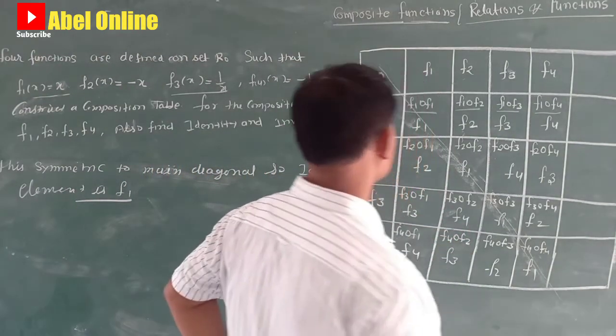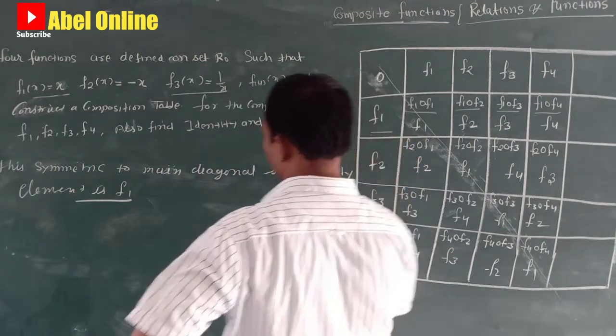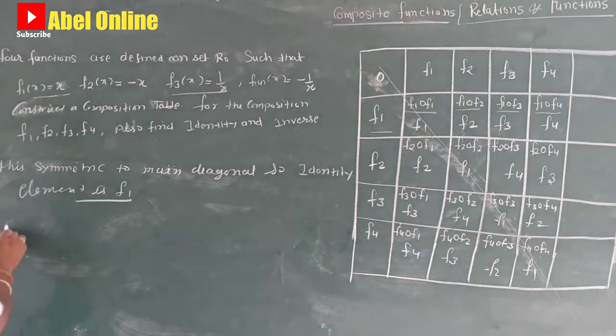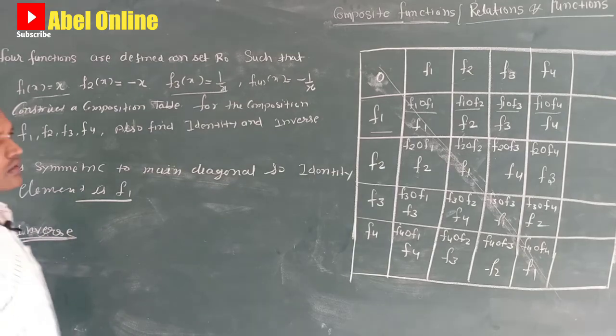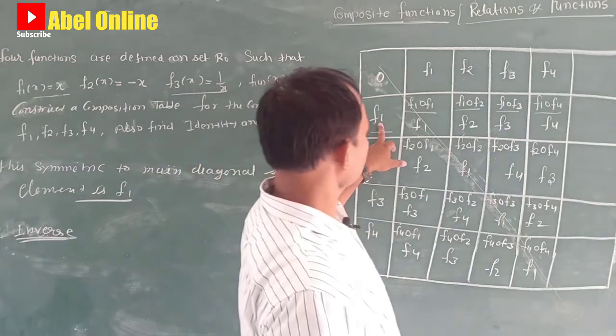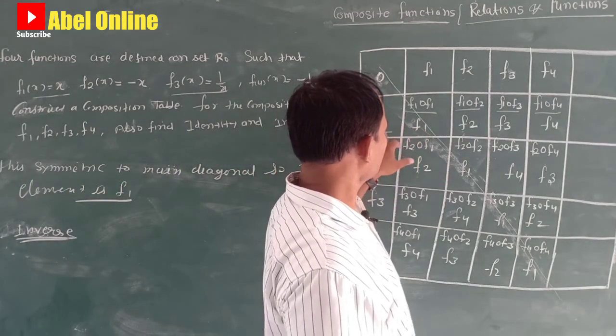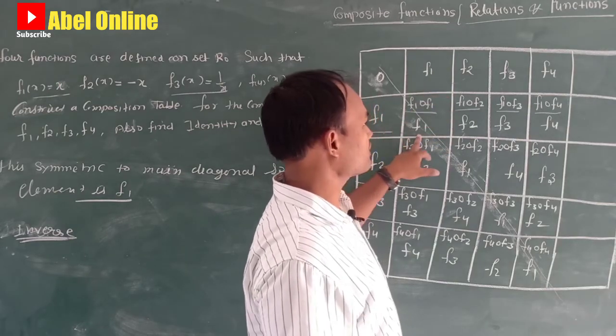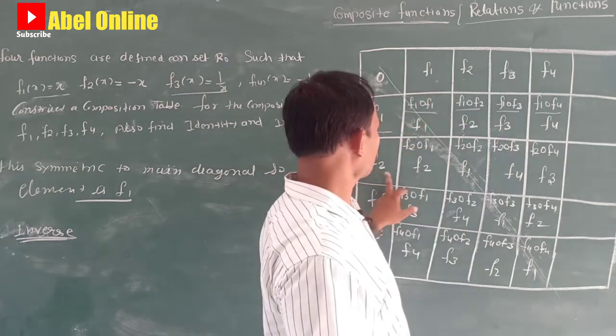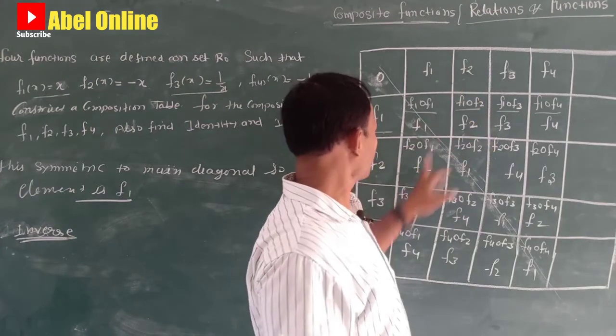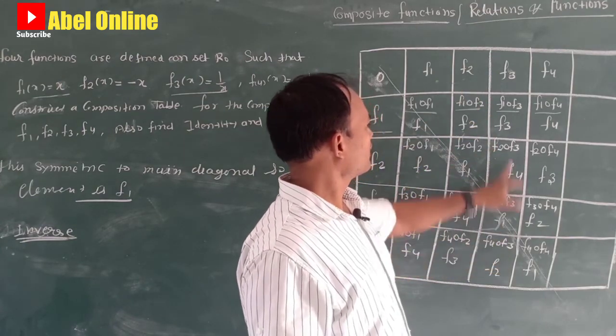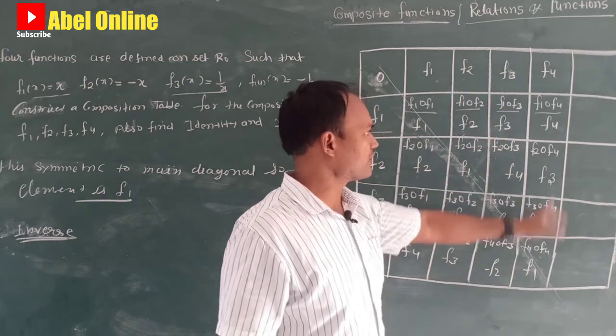Now the question arises, what is the inverse? Look here, f1's inverse is f1, f2's inverse is f2, f3's inverse is f3, f4's inverse is f4.